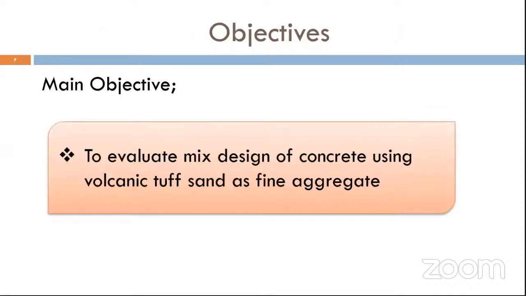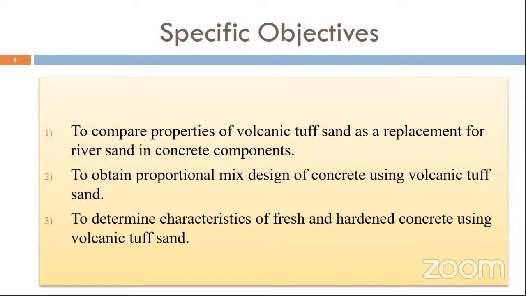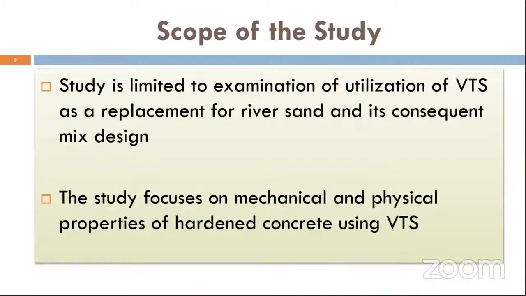Main objective: to evaluate the mix design of concrete using volcanic tuff sand as fine aggregate. Specific objectives: to compare properties of volcanic tuff sand and river sand as fine aggregate in concrete components; to obtain a proportional mix design of concrete using volcanic tuff sand; to determine characteristics of fresh and hardened concrete using volcanic tuff sand.